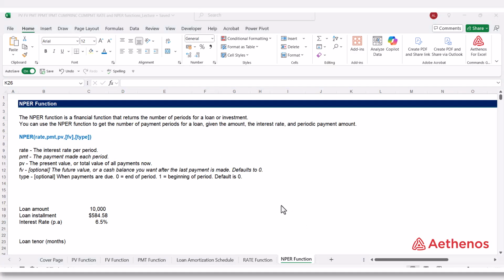Then we have a function called the NPER function. NPER basically returns the number of periods in a loan or investment. So it's deriving the number of periods inherent in a loan amount at a given interest rate with a certain installment amount or payment amount.